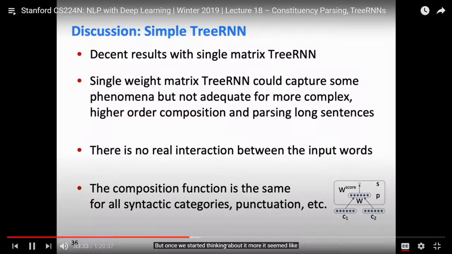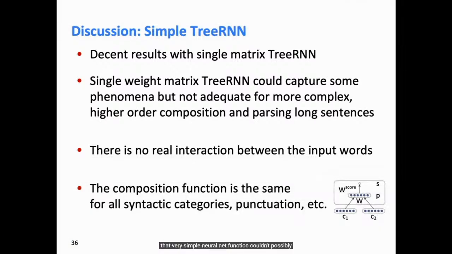But once we started thinking about it more, it seemed like that very simple neural net function couldn't possibly compute the kind of meanings that we wanted for sentence meanings. So we set about trying to come up with more complex meaning composition functions at nodes that could then be used to build a better neural network.